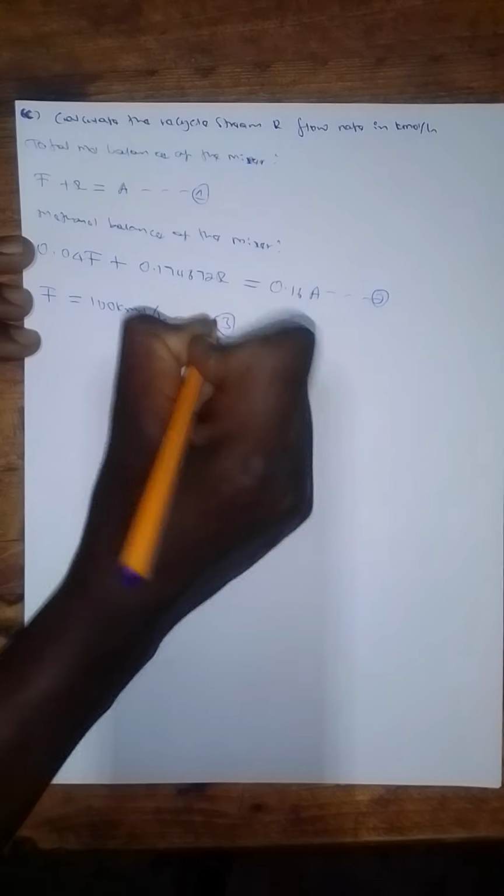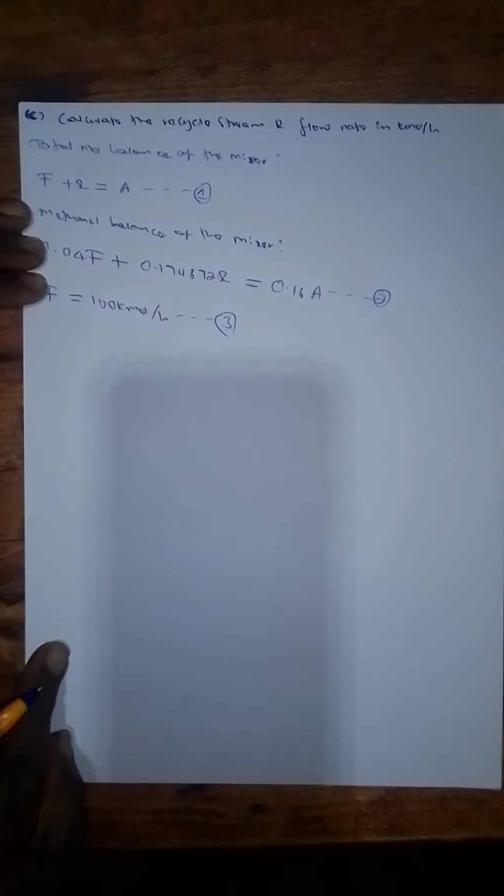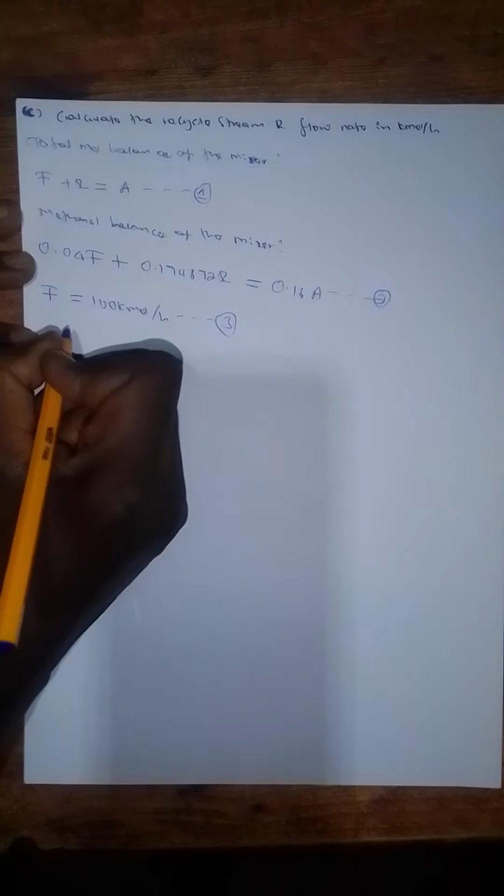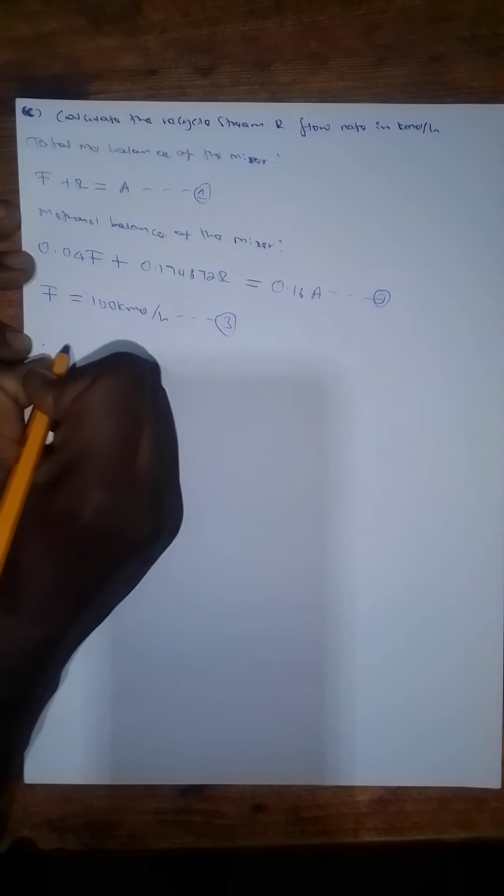So we have three equations and three unknowns. Now we do the mathematics part.